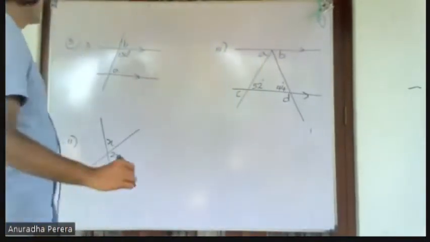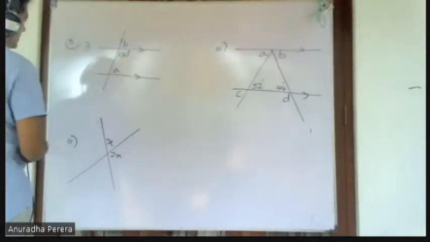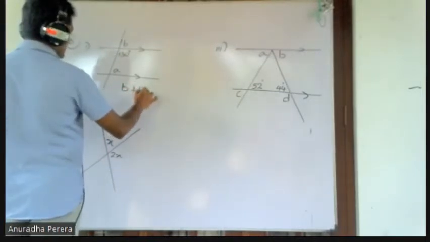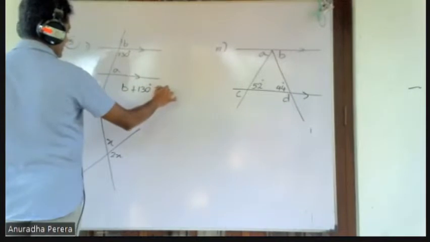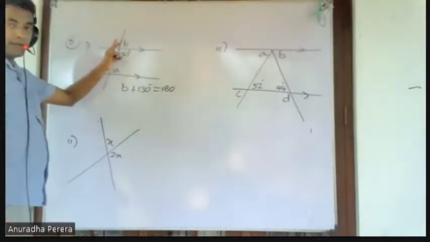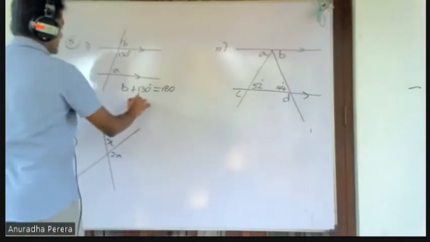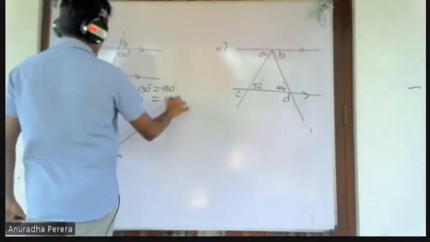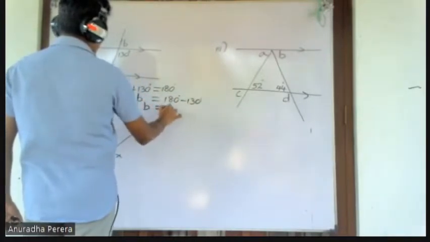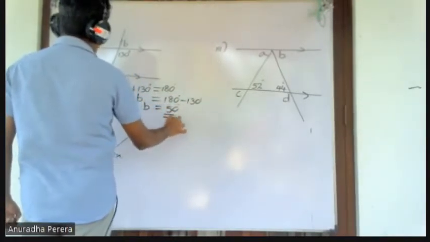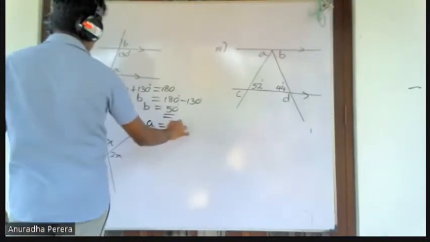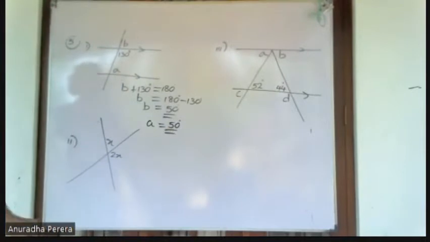First, we can determine b. b plus 130 is equal to 180. You can mention the reason: angles on a straight line. Then b equals 180 minus 130. b is equal to 50 degrees. If b is 50, a is also 50. The reason is corresponding angles.